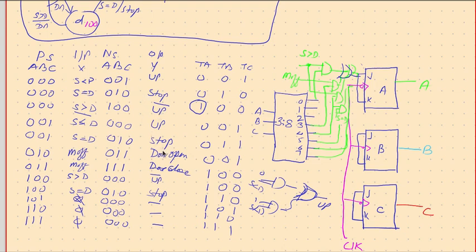Then for door open, it is state 2 and M off that will get you door open output, and state 3 and M off will get you door close output. So that's the simplest way of implementing such a complicated circuit. Though many things we have neglected here, just to give an idea how a bigger circuit can be implemented.